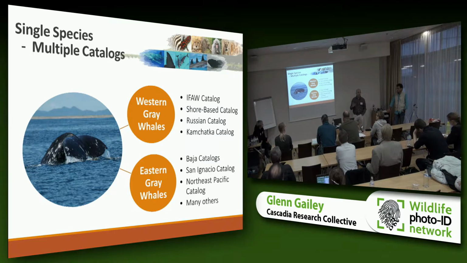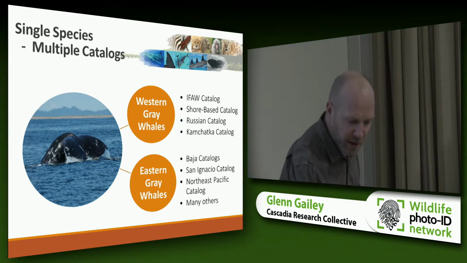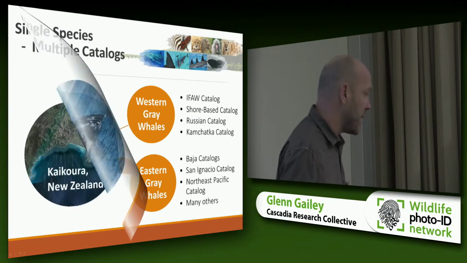And we all have different identification numbers. So we can interact with them, and also for the eastern gray whales, there are a number of different catalogs. If we really want to understand the species and the individuals, where they occurred throughout their geographic range and throughout their life history, we really need to make use of all those different information. So we need to extend collaboration.